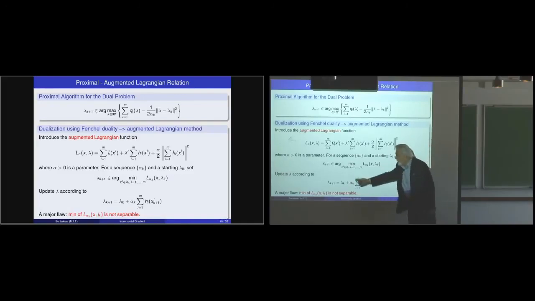So if you have found x k plus 1 from here, you plug it in here, and you move in the direction of the constraint, which turns out to be a gradient. The gradient of the dual function turns out to be this. This is a gradient iteration. Now, what we're going to do is use an incremental gradient iteration where the summation is going to go away.